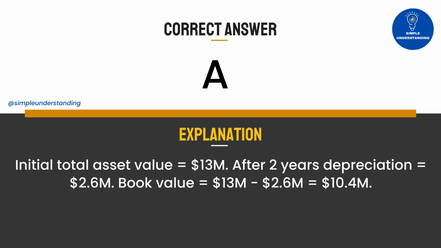Correct answer, D. Explanation. Initial total asset value equals $10 million plus $3 million equals $13 million. After 2 years, depreciation equals $1.3 million times 2 equals $2.6 million. Book value equals $13 million minus $2.6 million equals $10.4 million.